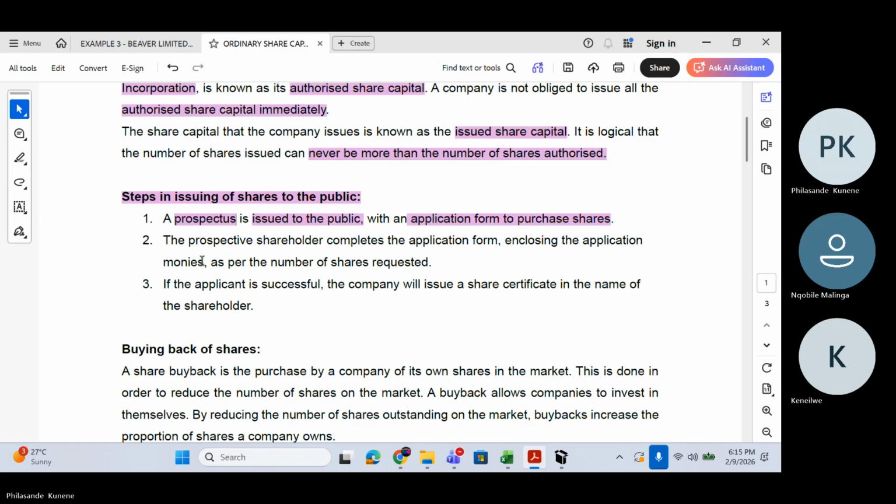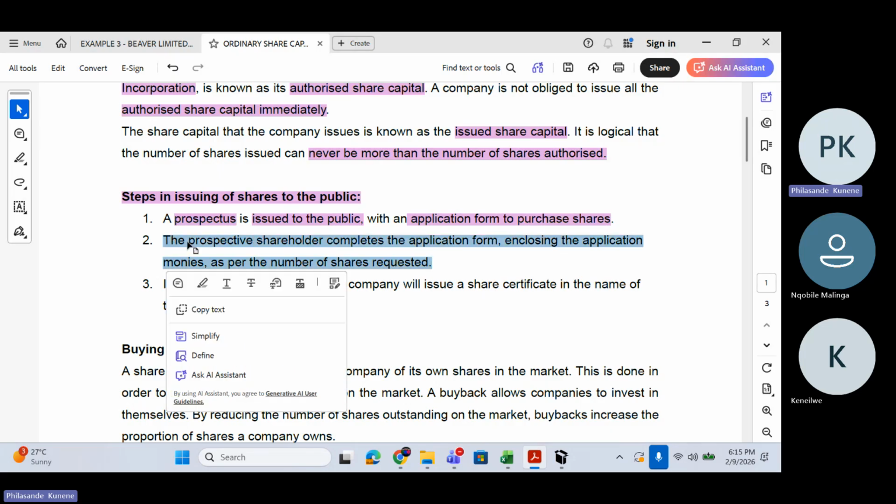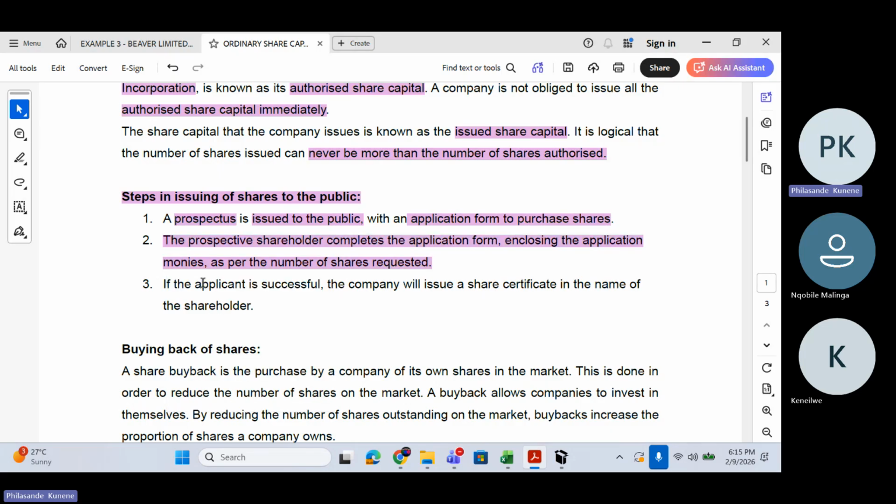Okay. The prospective shareholder completes the application form, enclosing the application monies as per the number of shares requested. After you have received an application form as a potential shareholder, you are going to complete that application form, and then you send it back with the money.